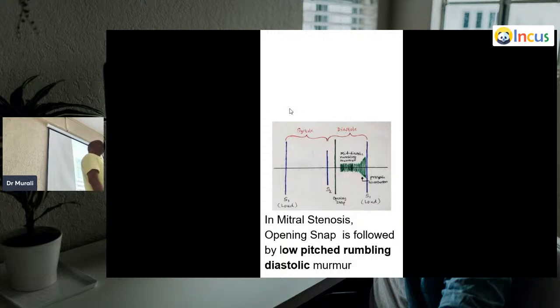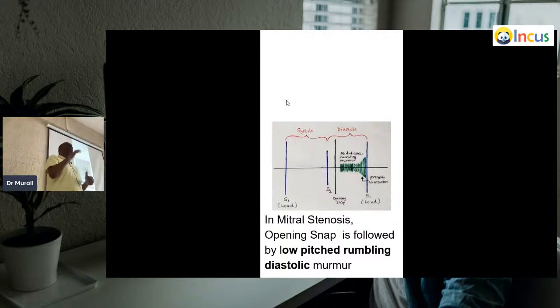And the opening snap is followed by what? In mitral stenosis, once the opening happens, the blood moves from the atrium into the ventricle through a stenotic valve. That leads to the murmur of mitral stenosis. Is the mitral stenosis murmur a diastolic or systolic murmur?